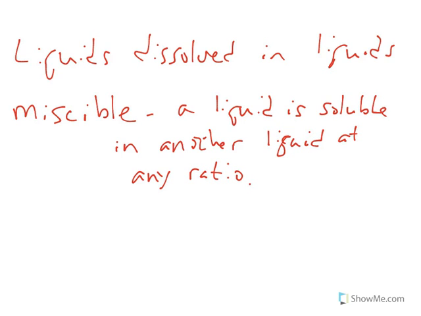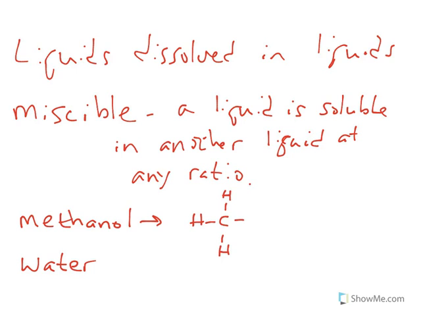All right, so two liquids that are miscible is the alcohol methanol and water. All right, so the alcohol methanol has the following Lewis structure. And water, of course, has this Lewis structure. So an old rule of thumb when it comes to solubility is likes dissolve likes.